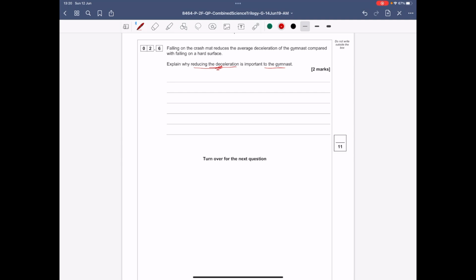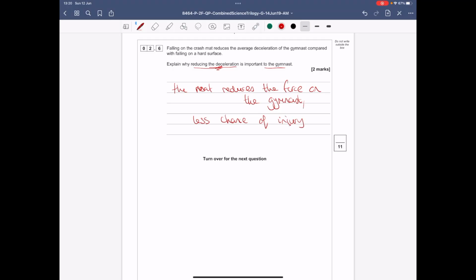So you would say the crash mat reduces the force on the gymnast. So therefore there's less chance of injury.